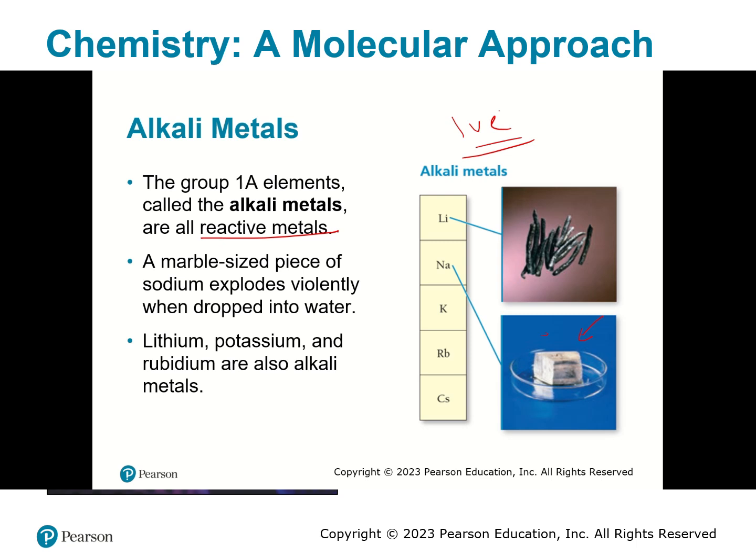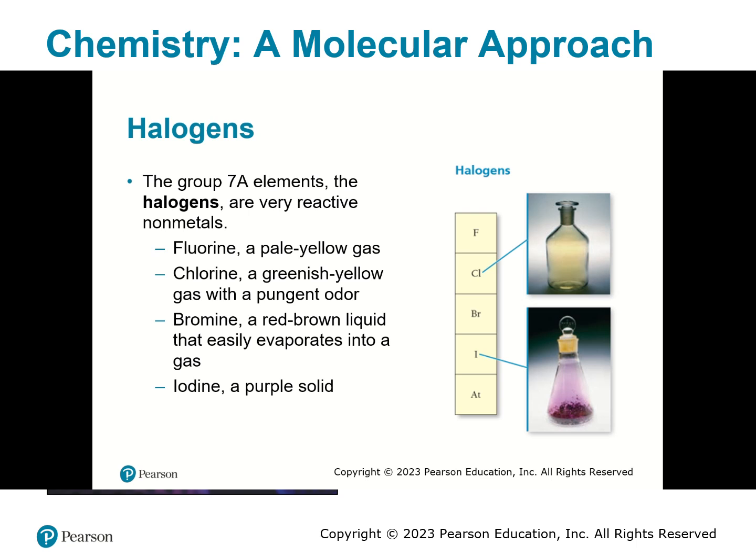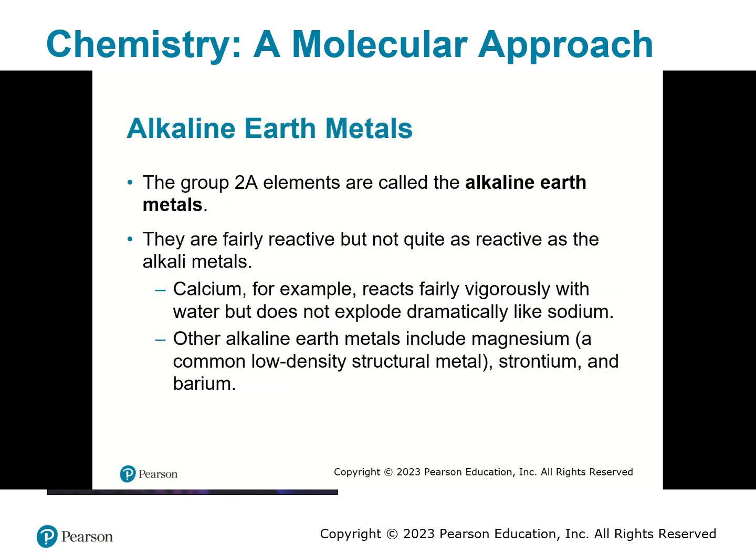So lithium, potassium, and rubidium are also alkali metals. Then in the second group we have the alkaline earth metals. They are reactive, but not as much as the alkali metals in the first group. Like calcium, it reacts very vigorously with water, but doesn't explode dramatically like sodium.